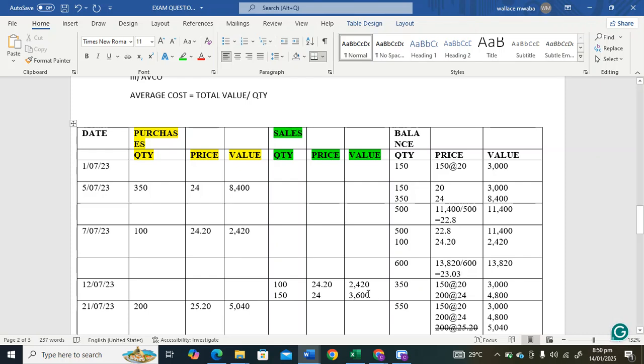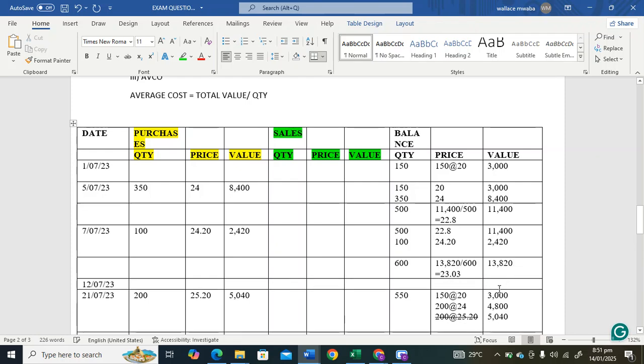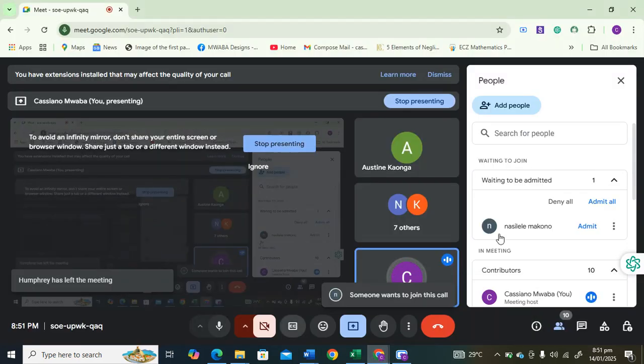Okay. Yes. So each time there's a purchase, that's what you're going to be doing. All right. Get the total quantity, get the total cost. Then after that, you can get the average cost of the goods.